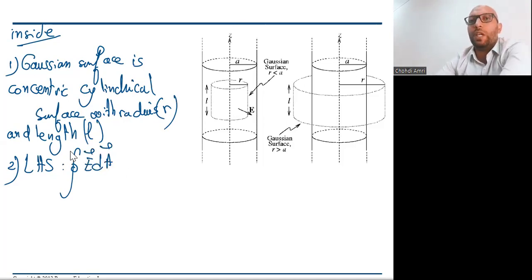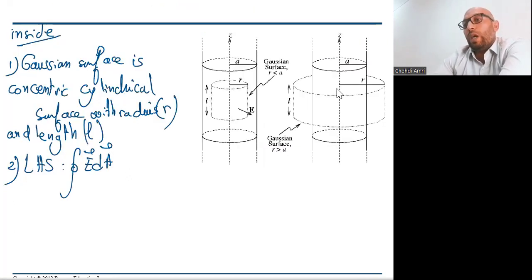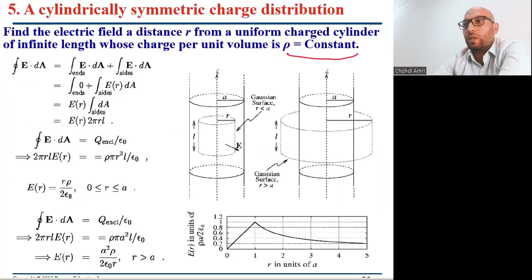But here we have to be very careful because we have different cases. The first one, we have the sides, the electric field produced by the sides. It's radial. Okay. And the electric field produced by the ends. Okay, good.